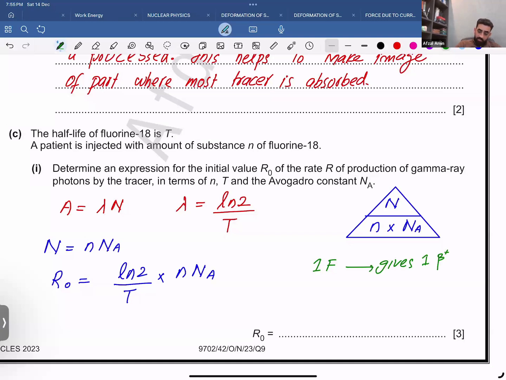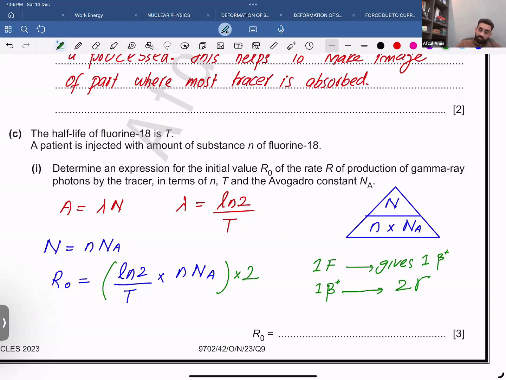And one positron gives you what? Two photons, so you have to multiply this by 2. Why did I multiply by 2, my dear students? Because N will not be n into N A, actually it will be 2 times n into N A.